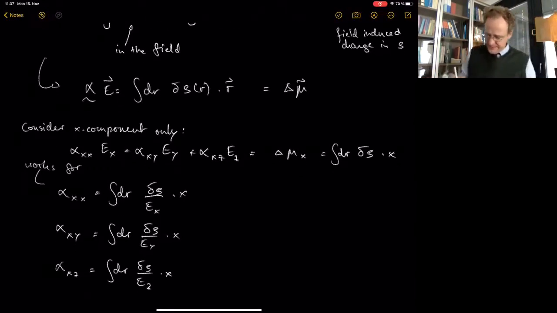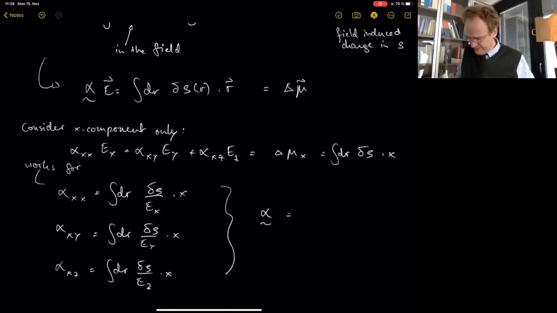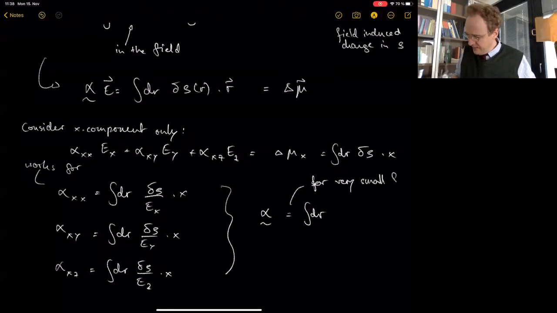So this is how you can understand that alpha matrix, your polarizability matrix. It is the response of your electron density, right? And so suppose you do this for very small fields, right?